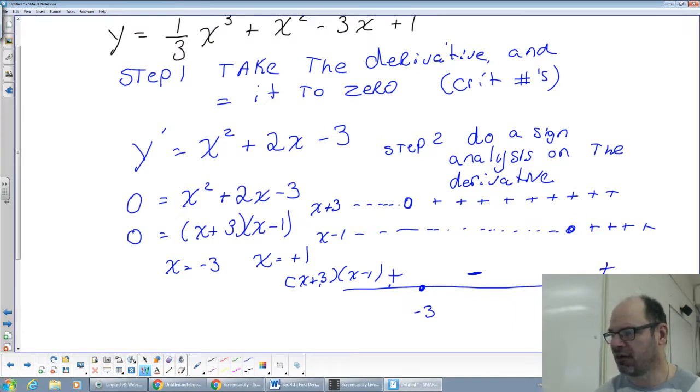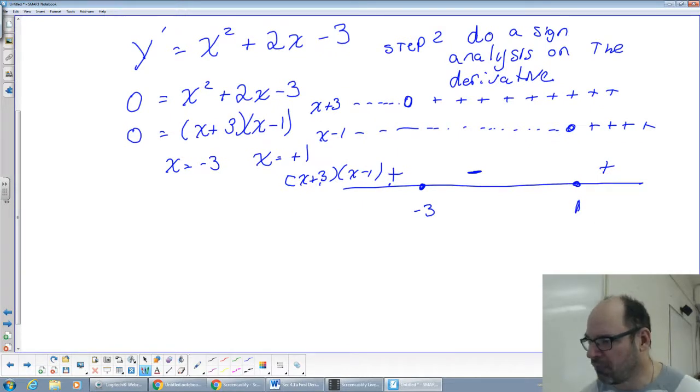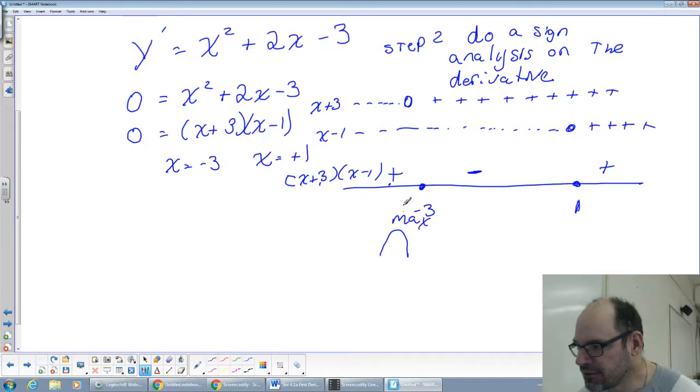So this is going to tell us what we have here. At the negative 3, we're going positive, flat, negative. So this is a max. And at the 1, we're starting out with negative, flat, positive. So this is a min.